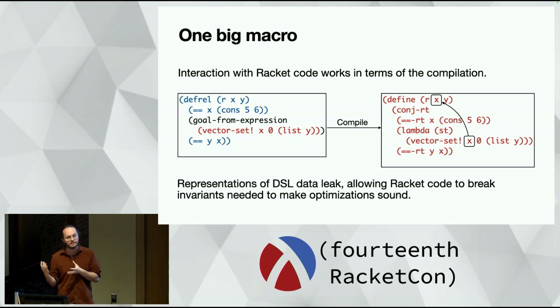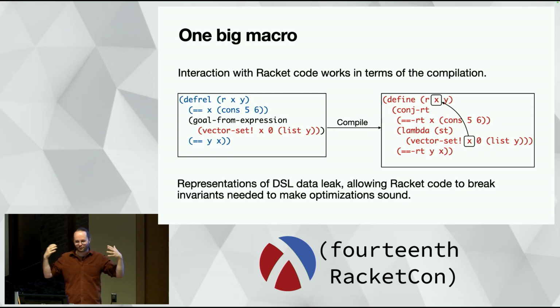But in fact, depending on how we compile to Racket, it may be that Racket code could sort of expose the internal data structures of our implementation. So if we want a fast implementation of miniKanren, we sort of want to compile the procedure argument x to be just a binding with whatever the internal value is. And if that value is a logic variable, well, logic variables in miniKanren happen to be implemented by mutable vectors.